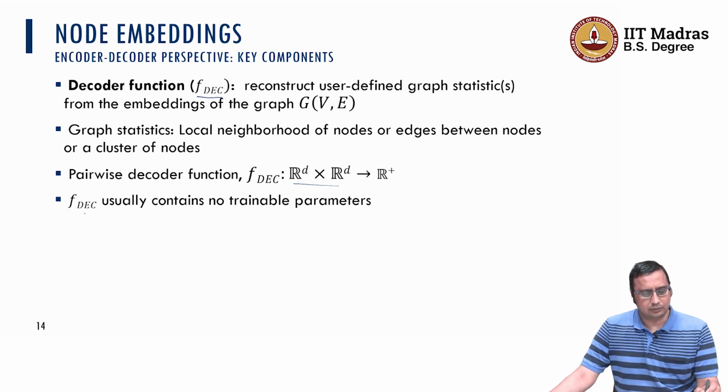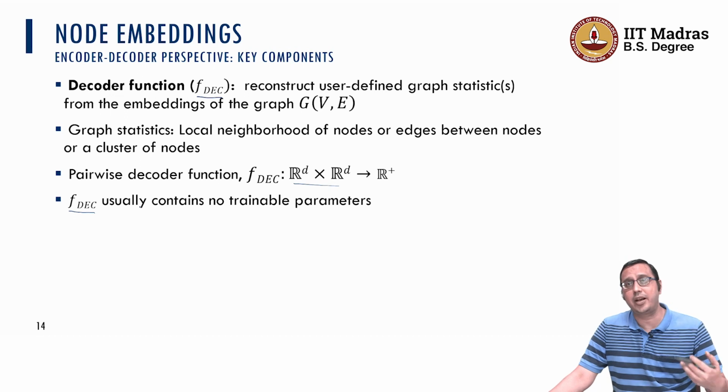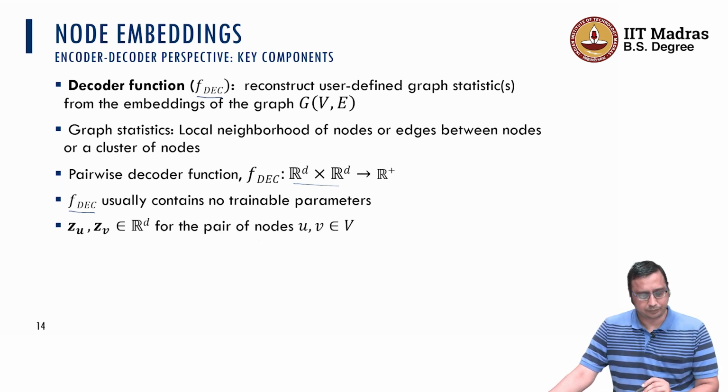Usually FDEC contains no trainable parameters. So all the trainable parameters are in the embedding functions. Its job is to take those embeddings and create new graph statistics of interest.